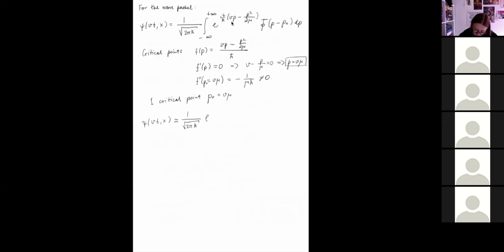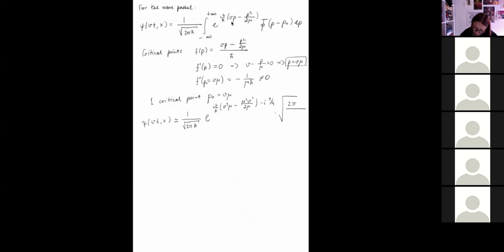So what we have here is e to the power it over h bar. Then we just write the value of function f at the point p0. So I'll just substitute the p with the p0, which is mu v. And then we're still hanging with this i pi over 4. And the last part is square root of 2 pi over t, second derivative of f at the point p0.